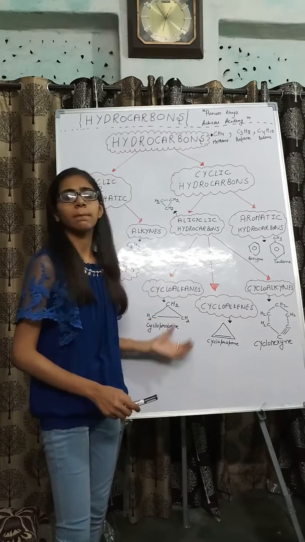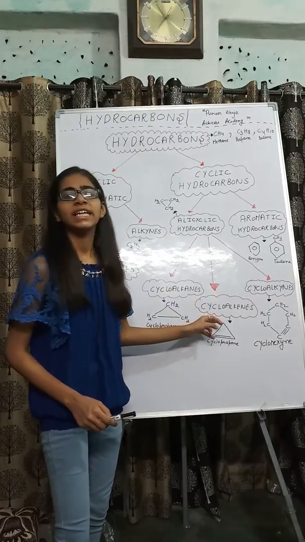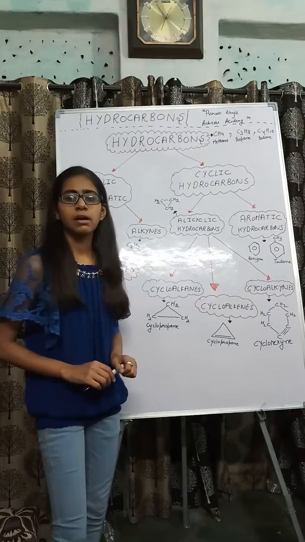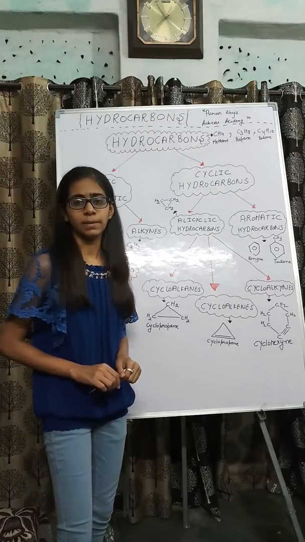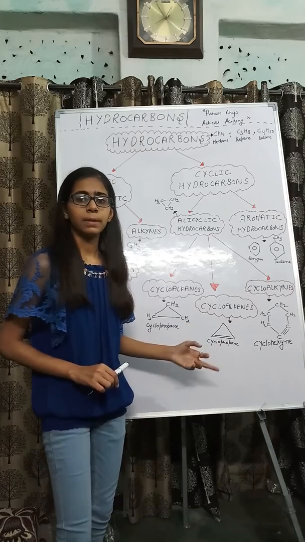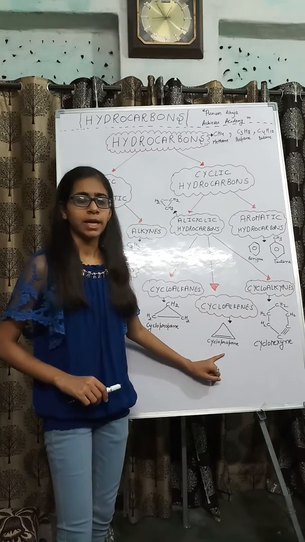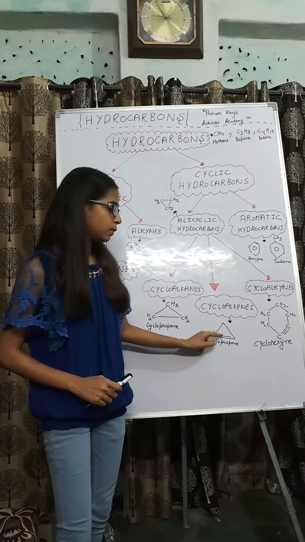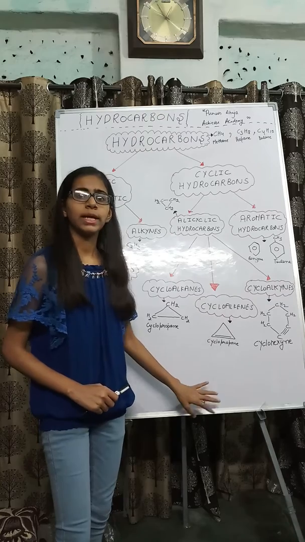So this is an example of cycloalkane. Next is cycloalkenes. Cycloalkenes are those types of hydrocarbons which contain a closed chain of carbon atoms in which a double bond is present. For example, cyclopropene, as it is clear, there is a double bond between the carbon atoms. So this is an example of cycloalkene.